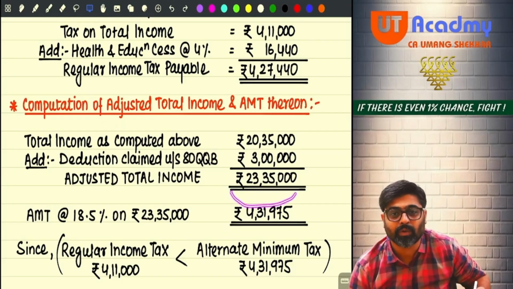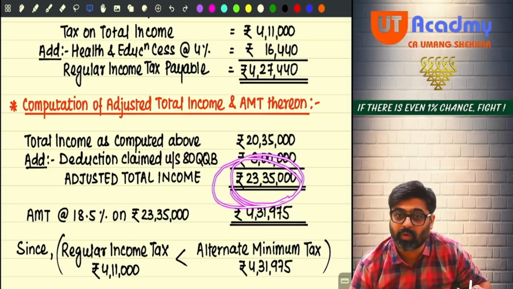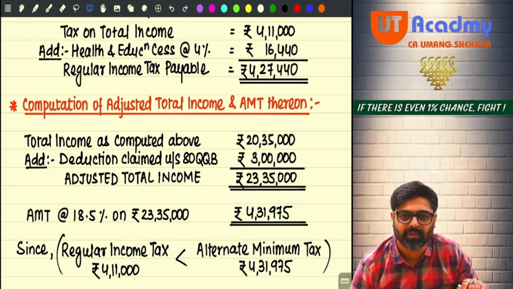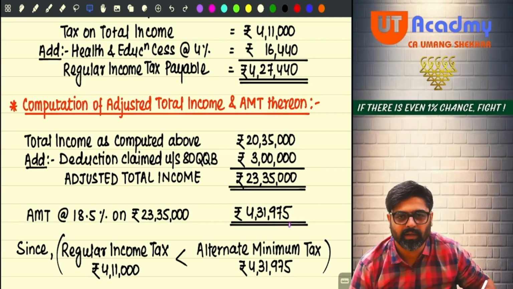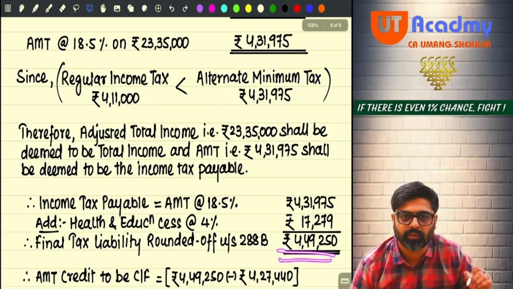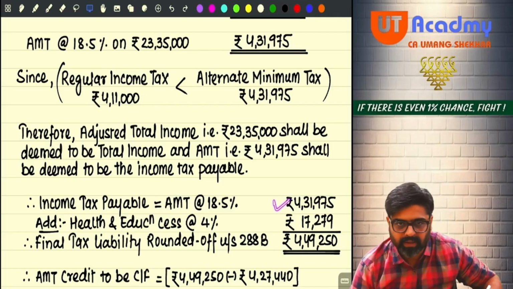Now you will see this total income. Is it more than 50 lakhs? No. So still the surcharge is not applicable. Yes or no? So 431,975 plus 4%. You are going to get 449,250. Did you get this? So you are liable to pay this much.